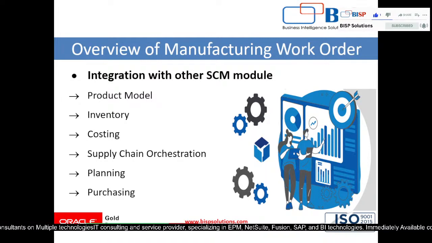So whenever we create the item, we have to create the item in the product management, right? So this product management is tightly integrated with the manufacturing so that the manage work order can fetch the item information from the product module, right?